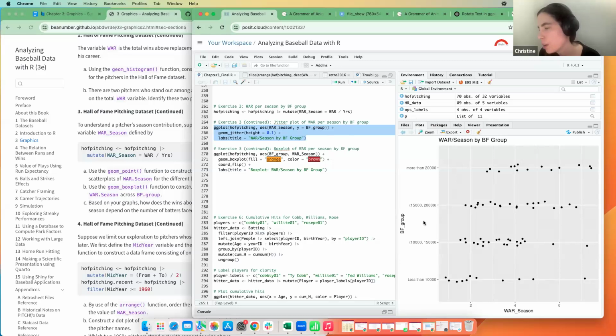So kind of looking at what story this is telling. They're saying it's sort of a view of their career performance over time.